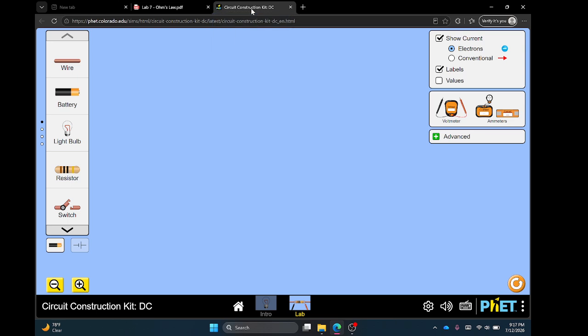So how we can do this is we can go here. You can just click and drag these components from there. So like this, this is a wire, and we can also bring a resistor here like this.